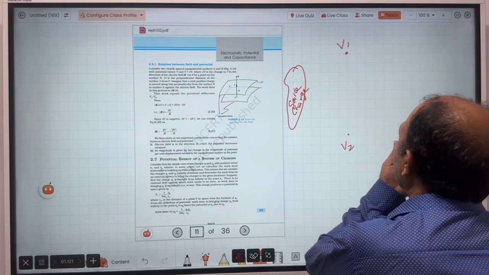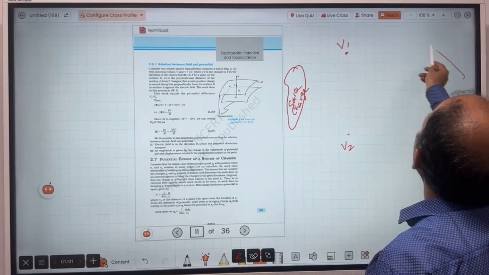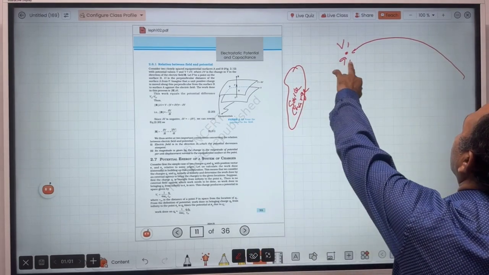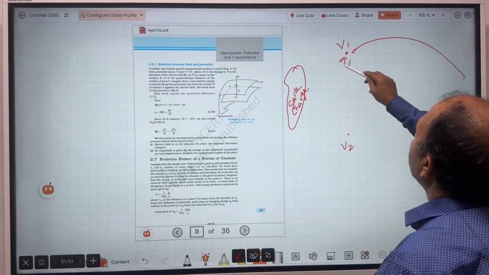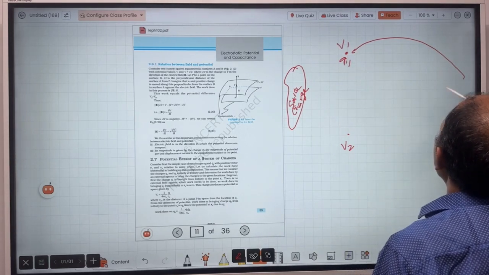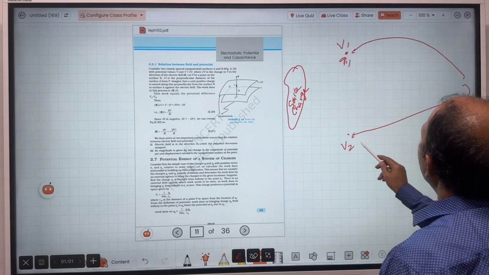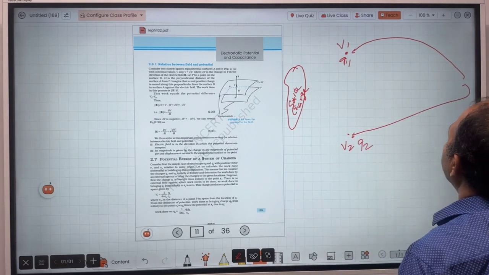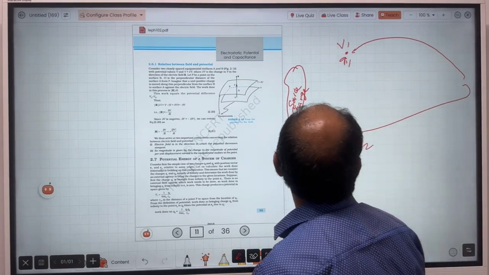Now what you are doing, you are bringing a charge Q1 from infinity to this point. So what will be the potential energy at this point? It will be V1 Q1. Now another charge, say Q2, you have brought to this point. So the potential energy at this point will be V2 Q2. So what will be the total potential energy?